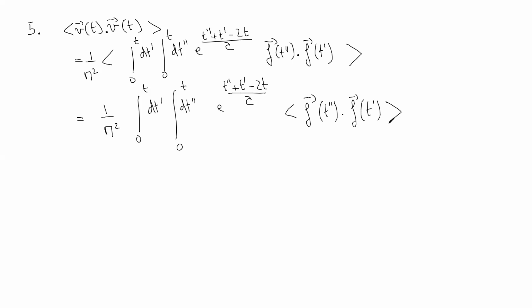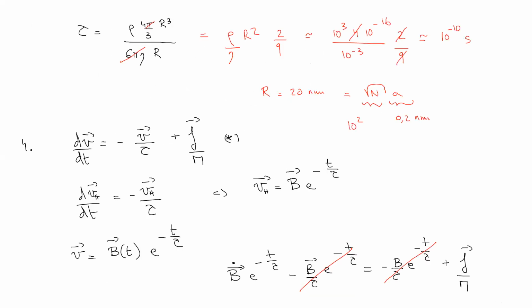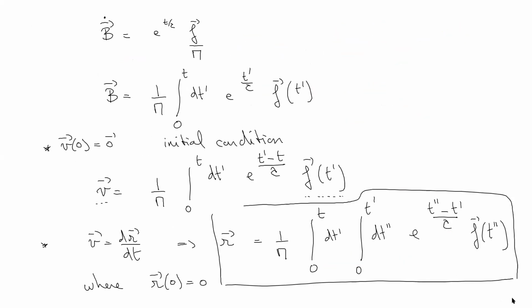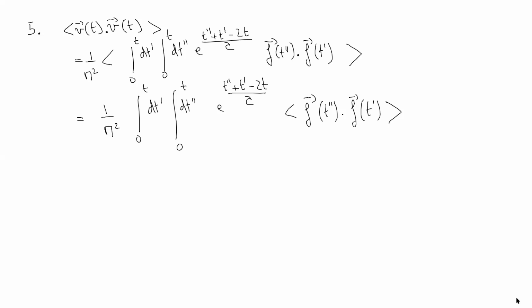And so remember, we've expressed the properties of f at some point. We've said that for 2 independent coordinates, i and j, and 2 different times, we know the correlator is provided by a constant, delta ij, a Kronecker on the directions, and a delta in time to express the fact that we are delta correlated in time.